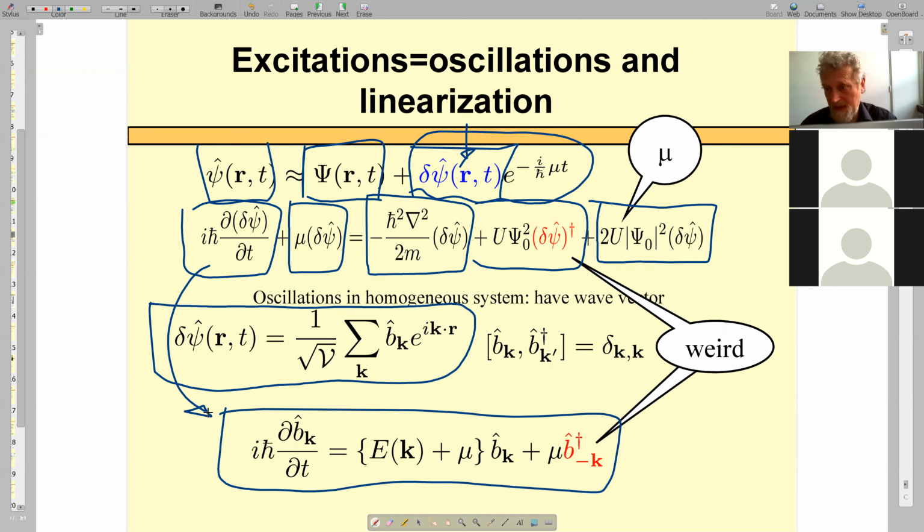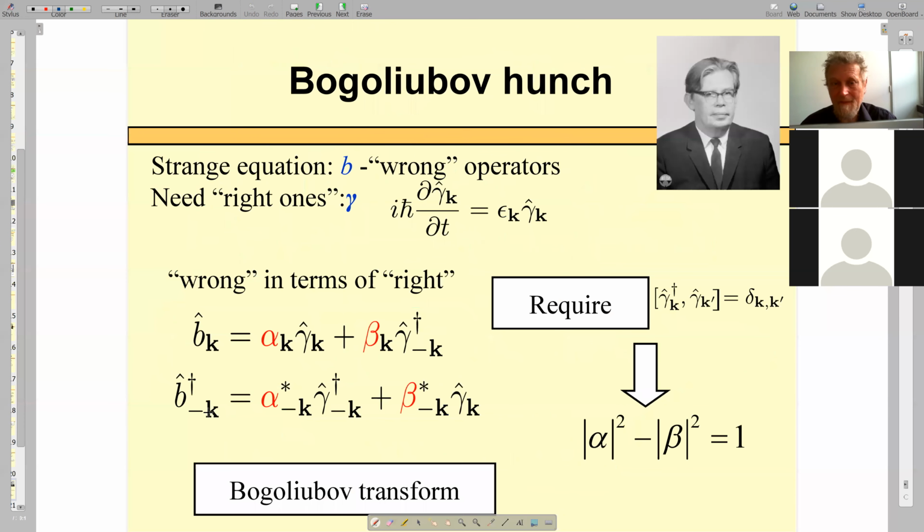B and B dagger, they mix annihilation and creation operators. So how to deal with that? A solution has been proposed by this person.